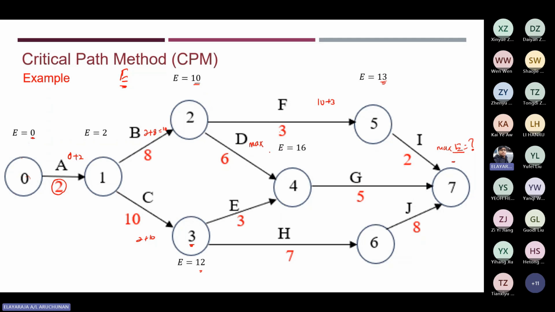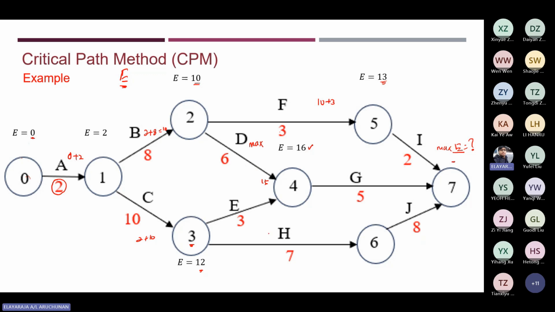Now we calculate this. Here we got 12, and 12 plus 3 is 15. But if you calculate from here, you get 10, and 10 plus 6 is 16. So this is the maximum value, and we stick with that. Just write down that the earliest starting time is 16 days.